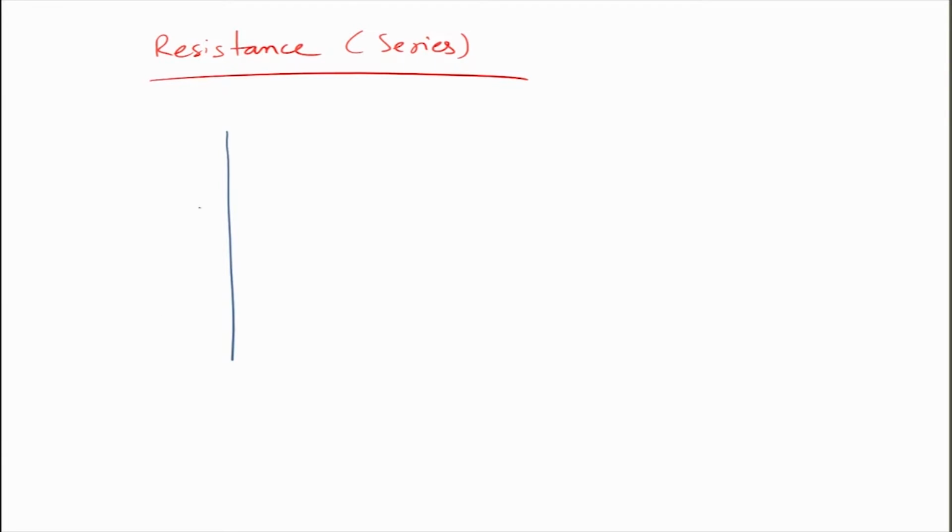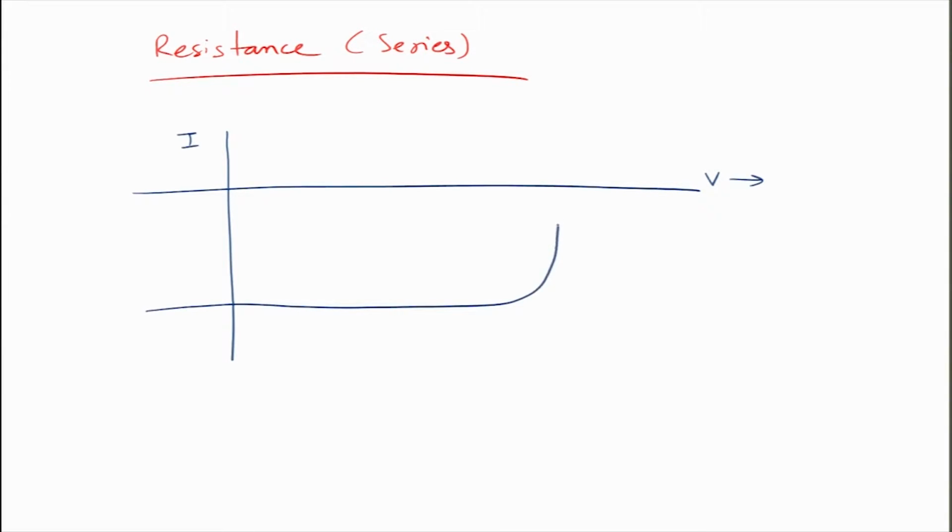So, we look at the effect of these resistances on the performance, starting with the series resistance. If you plot the IV characteristics of a solar cell, this is I, this is V, and the series resistance tends to affect the curve.